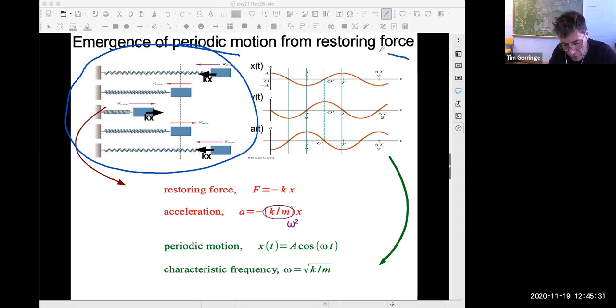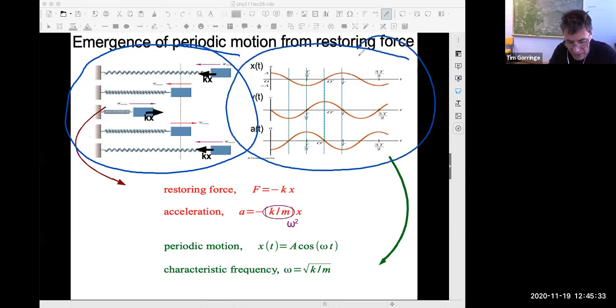And over here on the right, I've quantified it by sketching out position versus time. It oscillates sinusoidally. Velocity versus time. It oscillates sinusoidally. Acceleration versus time. That also oscillates sinusoidally.